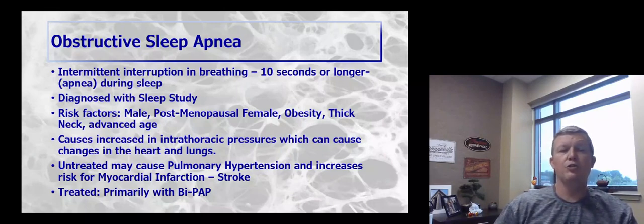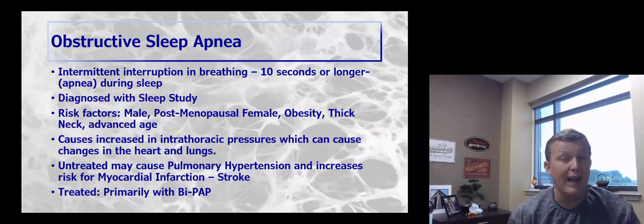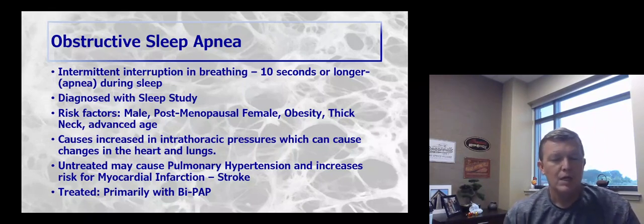Obesity and thick neck, those two things also increase the likelihood of developing obstructive sleep apnea. The tissues in those areas are increased in size and can then cause obstructive issues, particularly when the muscles of the upper airway are relaxed when someone's sleeping.